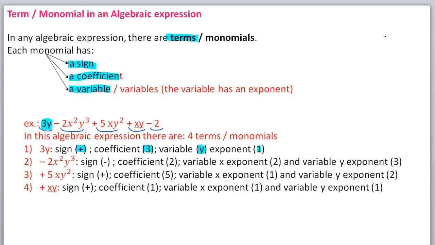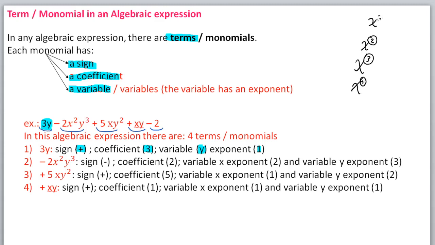Let me re-explain here a little bit aside. If you have x or y with nothing, this is called exponent 1. The exponent could be written above. For example, x power 2, the exponent is 2. x power 3, the exponent is 3. The exponent is the power that's above, on the right side of the variable. x power 4, the exponent is 4. x, the exponent is 1.